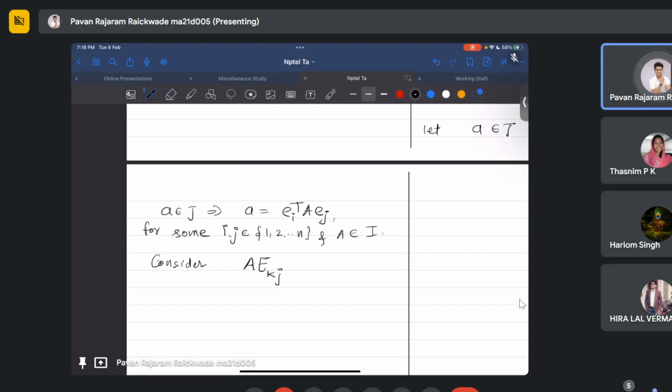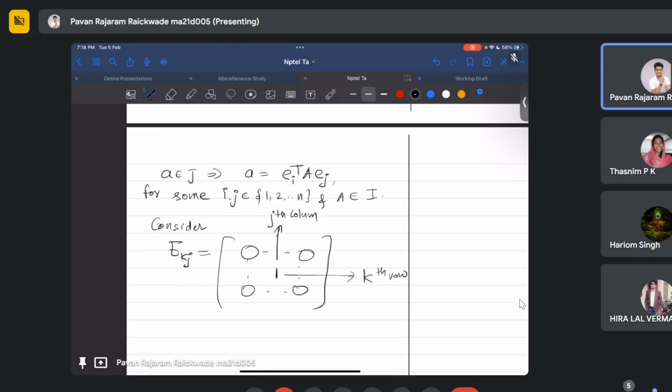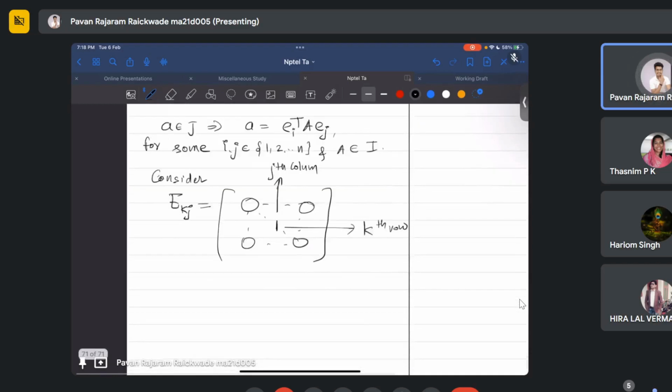What is this E_kj? Basically, it is a matrix, and I should define this. E_kj is a matrix which has 1 at the kth row and jth column, and everywhere else it has 0. Something like this; it's not in the middle, but something like this.